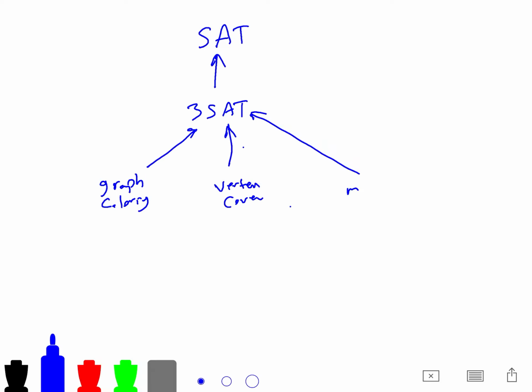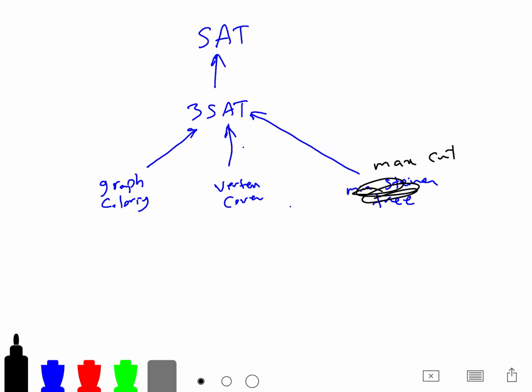Also, min Steiner tree is important. Steiner tree, Steiner group, all of these things. And for 3 SAT, we have graph coloring and vertex cover and max cut.